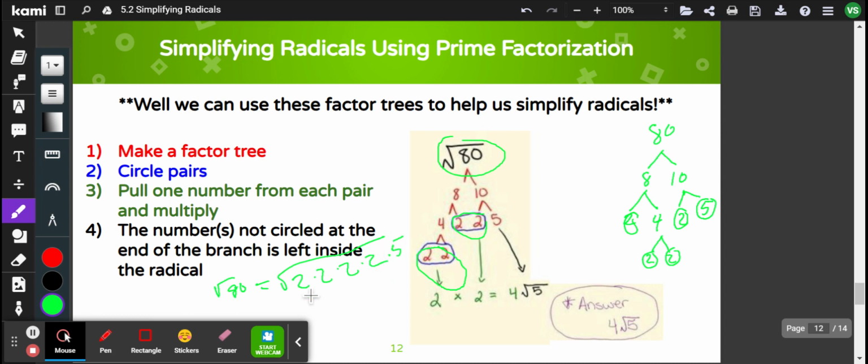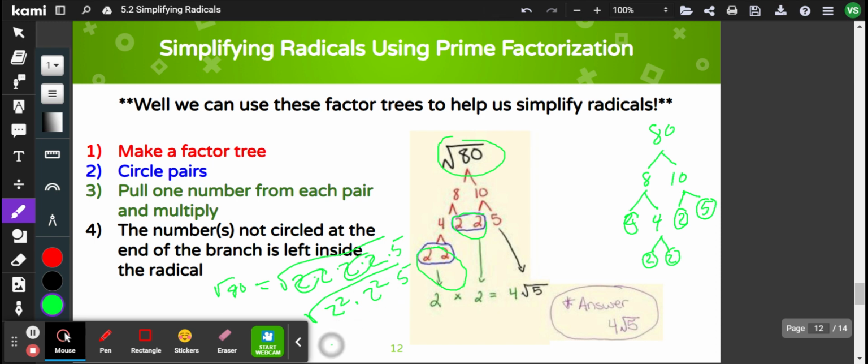Two 2s together can be written as 2 squared. So this is equal to the square root of 2 squared times 2 squared, and I have 5 left.